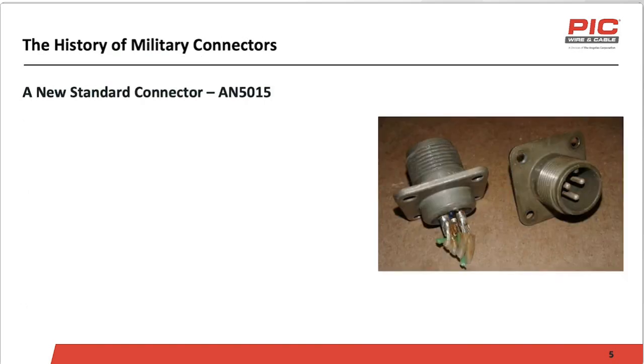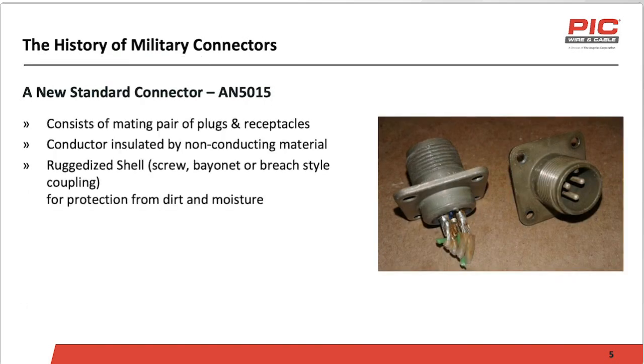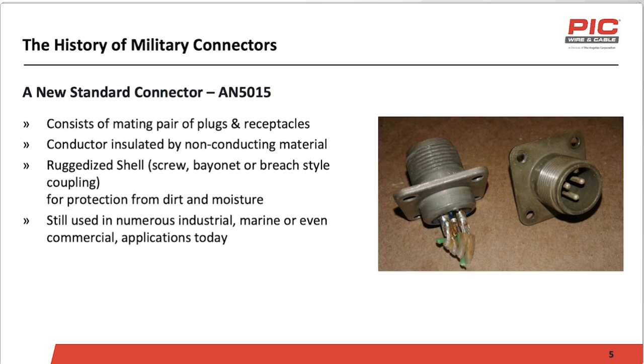The AN 5015 connector consisted of a mating pair of plugs and receptacles surrounded by a ruggedized shell with a screw, bayonet, or breech-style coupling to ensure the plug and receptacle remain connected and protected from intrusion of dirt and moisture. These connectors were used in many applications outside of aerospace and defense, like industrial, marine, automotive, and commercial, and can still be found in use today.